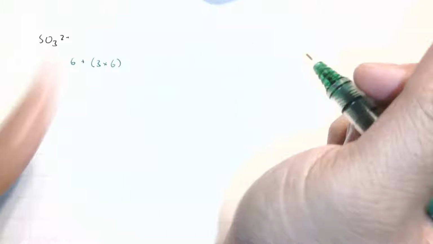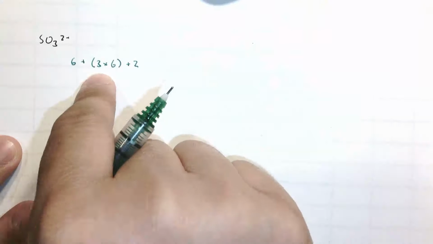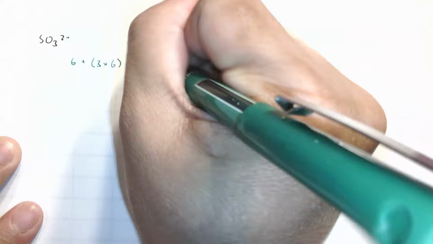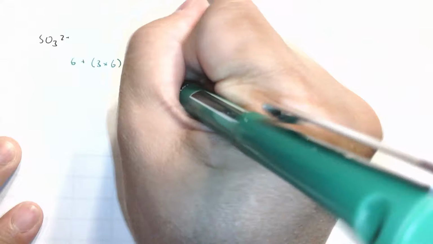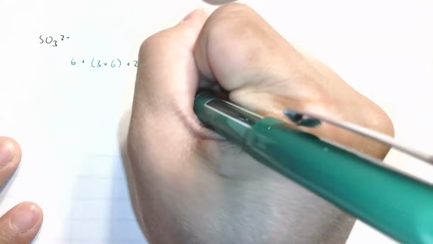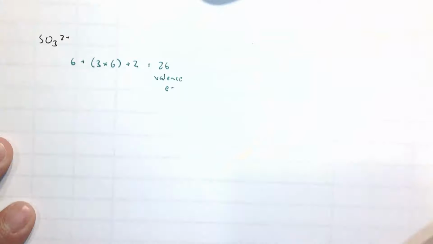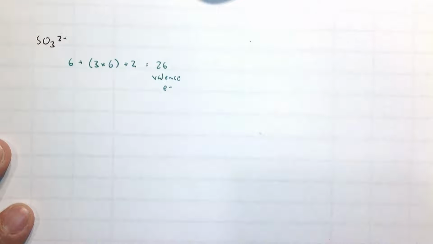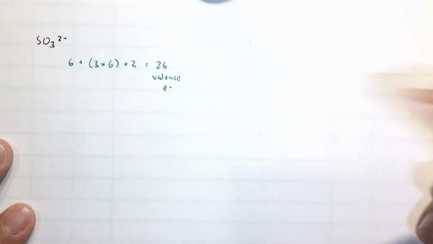Oxygen has 6 also, but we have 3 of them. What do we do with this 2 minus? We add 2 electrons. So instead of having 24, we now have 26 valence electrons. Remember, with a Lewis structure, you have to show every valence electron as part of a line or part of a non-bonding electron. It could be a single electron or a lone pair.